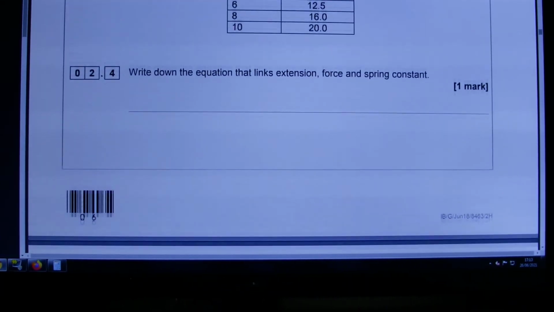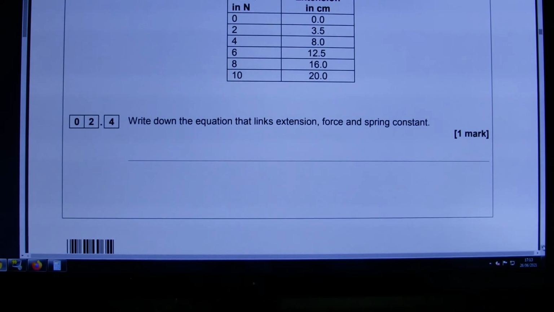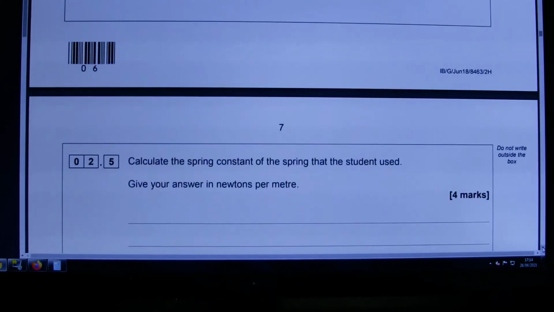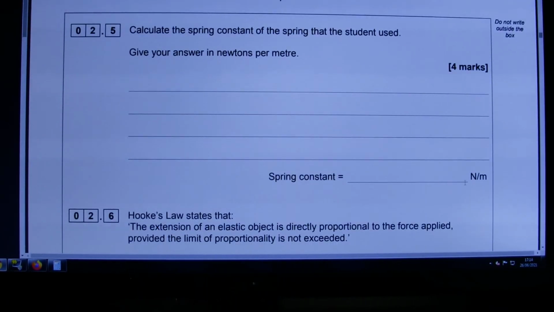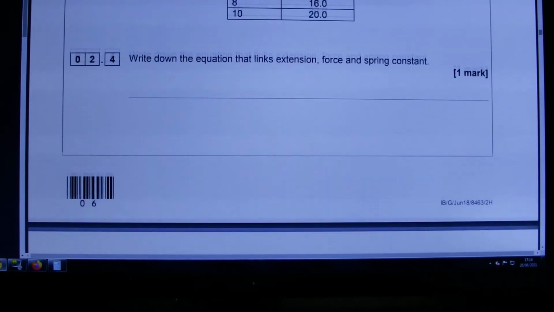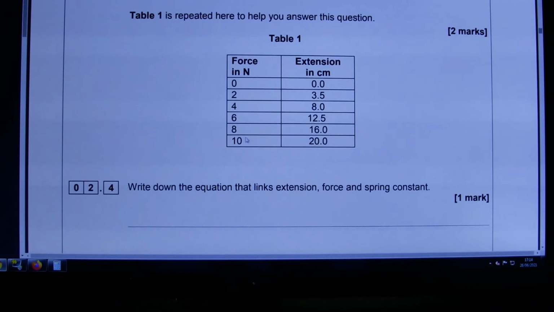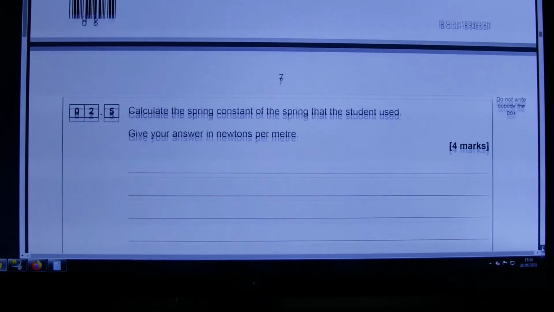So it must just be extension equals force times spring constant. And we already know, oh look at that. That's per meter, not per centimeter, so it's not 0.5 newtons per centimeter, it's 50 newtons per meter.